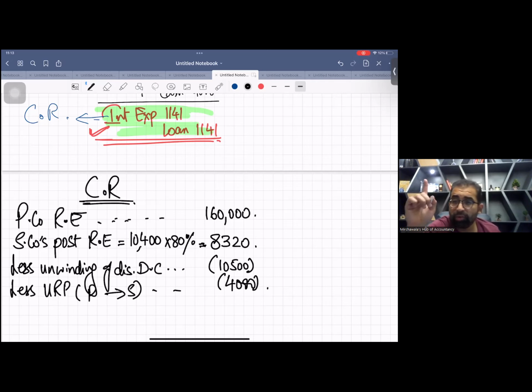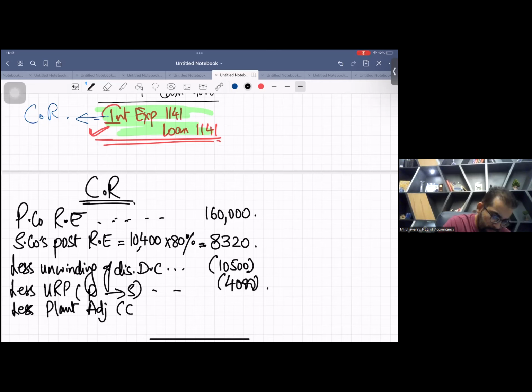Then we have one adjustment of the power plant, less plant adjustment. I think the plant adjustment was 2463. Yes. The carrying value in IS 23 was also there. It was 2463.